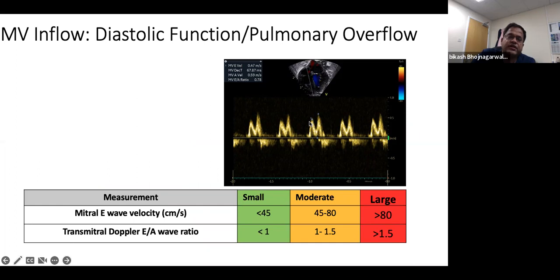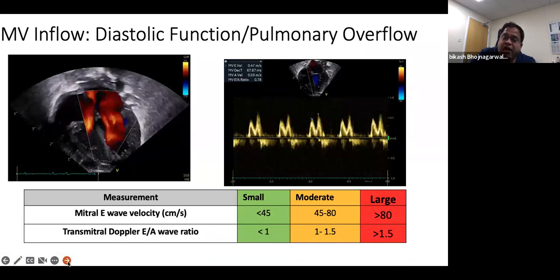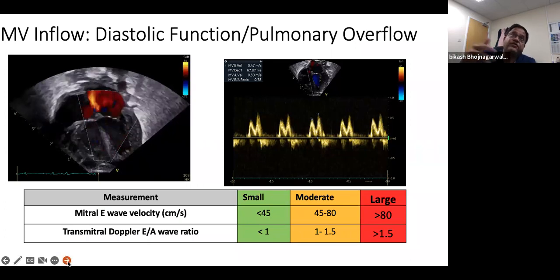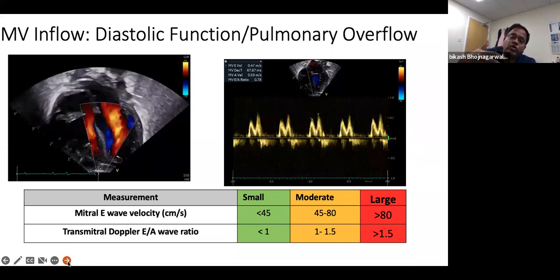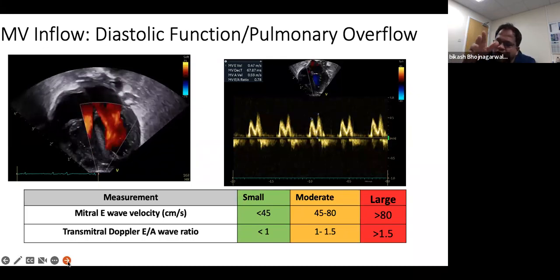Again, as I mentioned earlier, in his paper he has mentioned the variables at day 1 of life in preterm babies, then day 3, and then again at term gestation. So you can compare those numbers, whether you have evidence of overflow or not. If you have a high E wave flow, that means if you have too much pulmonary overflow, then your E wave will start increasing more, so it starts getting normalized.